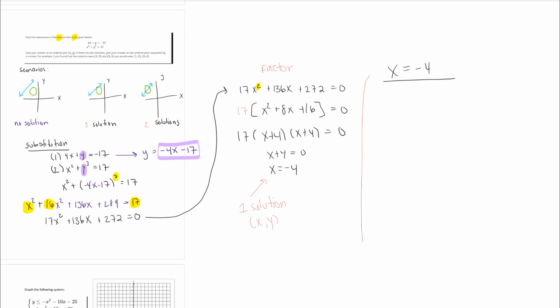So you want to plug it into one of the equations to get the y value. You can plug it into the first one, that's fine. Remember that you originally had y is equal to negative 4x minus 17.